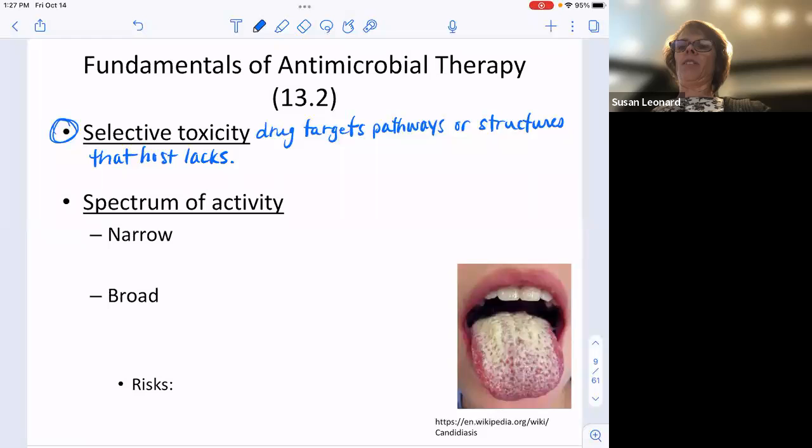The spectrum of activity. If it's a narrow spectrum drug, that means it targets only certain bacteria. This is going to be good to use if you know what agent is causing the infection.